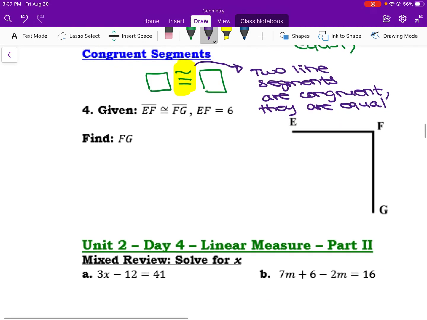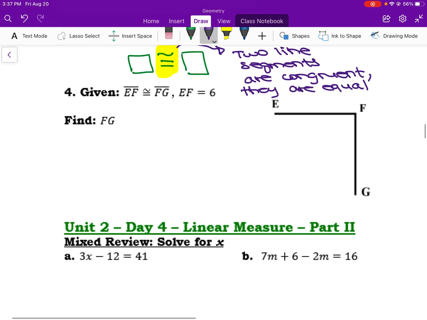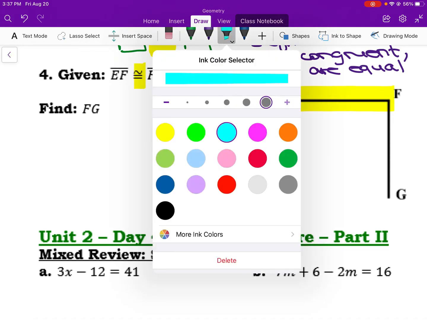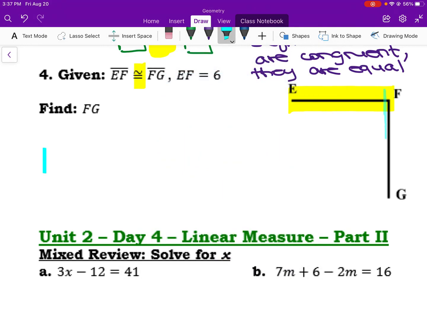So let's extend that to this example here. So if we are now given a diagram and we're told that EF, which is this length here, is congruent to FG, let's change our color here. So EF is congruent to FG. Based on our understanding of congruence, if it's asking us to find FG, right?